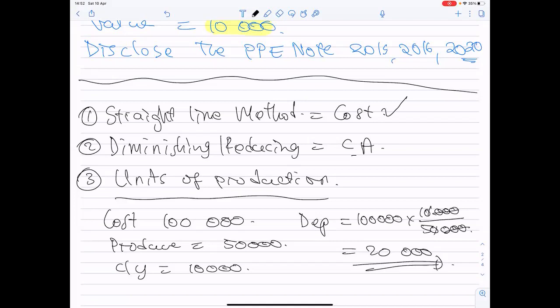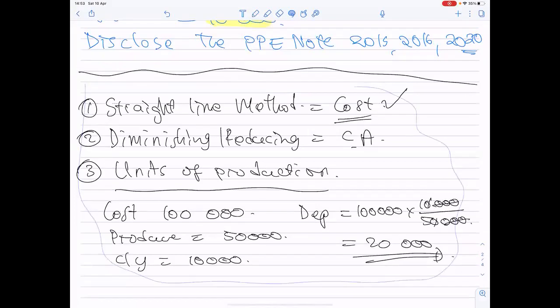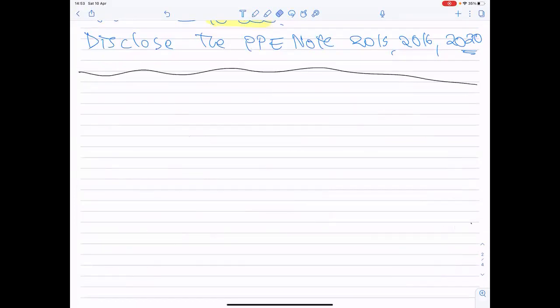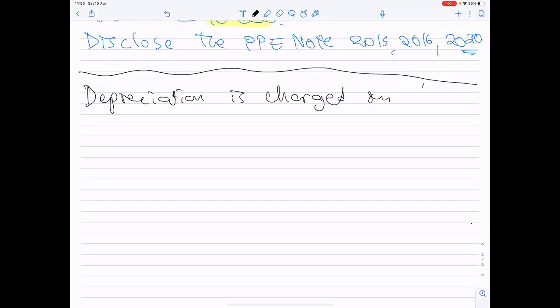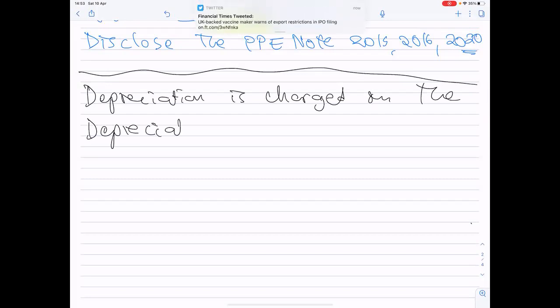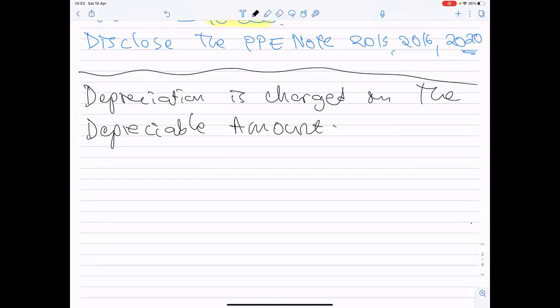Now, how is depreciation calculated using the straight line method? Depreciation is charged on the depreciable amount. Are we together? Depreciation is charged on the depreciable amount.